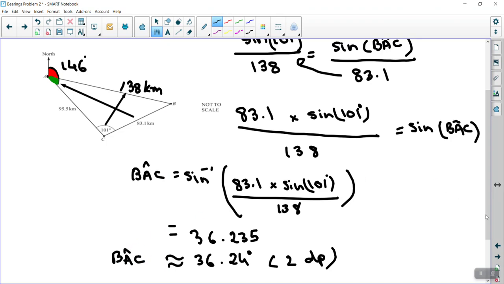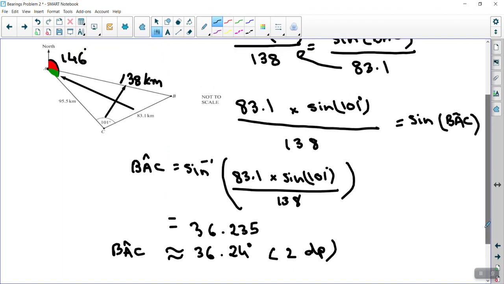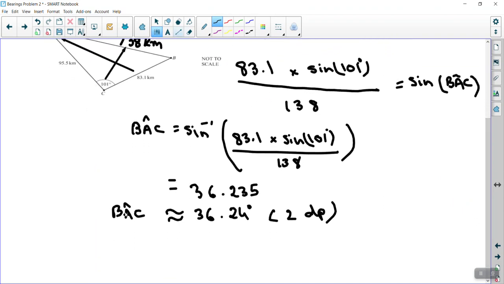But that's not what we are asked for. We are asked to find the bearing of B from A. To get that, we need to subtract this number from 146.